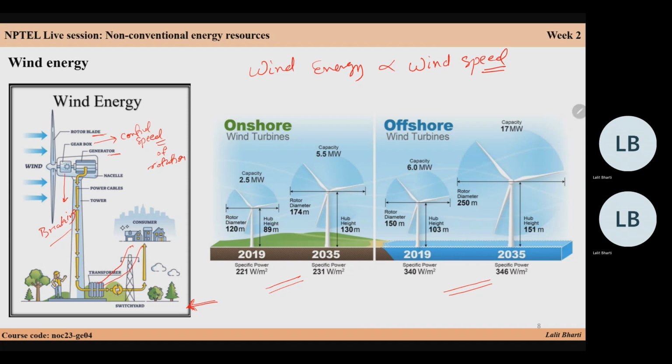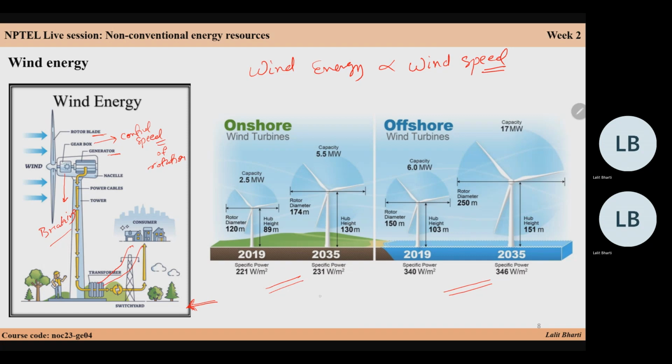Wherever the wind is flowing at high velocities, the generated wind energy will be higher in amount. That's why these wind turbines are placed at places where wind currents are very high.